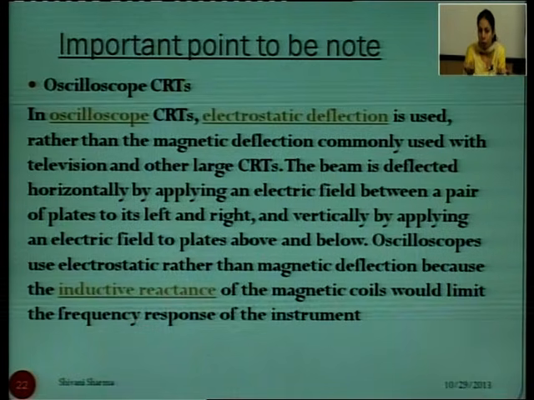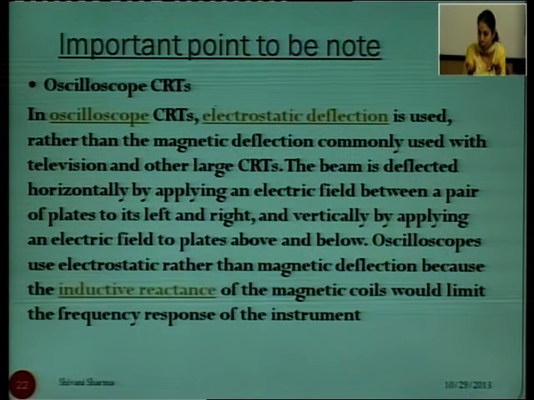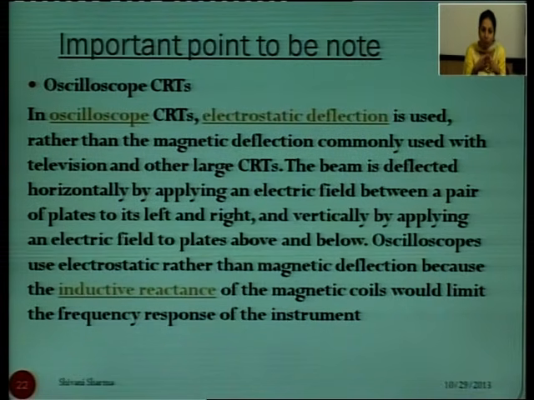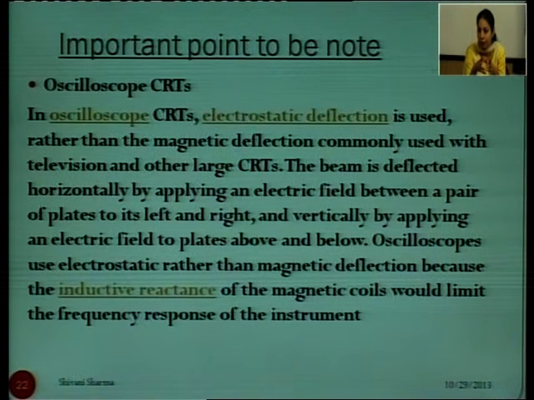The oscilloscope uses electrostatic deflection rather than magnetic deflection, because the inductive reactance of magnetic coils would limit the frequency response of the instrument. Further, in oscilloscope CRTs the main concern is accuracy.